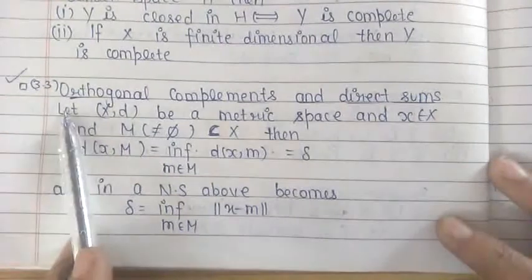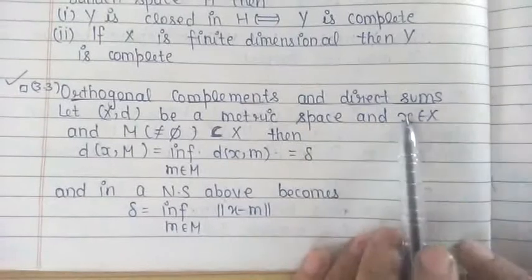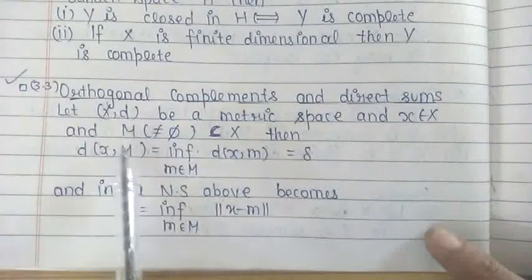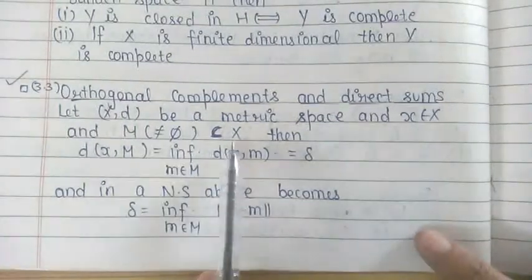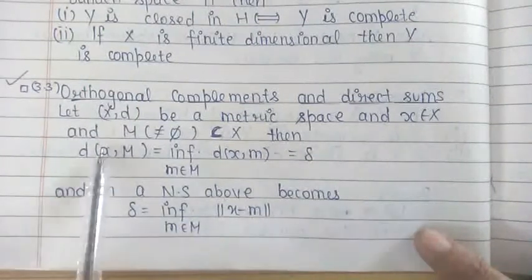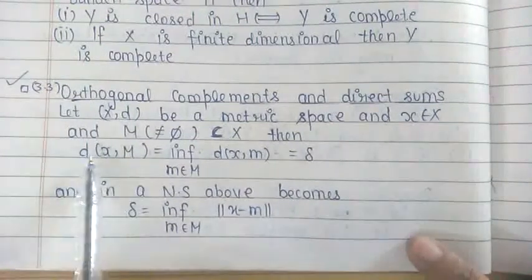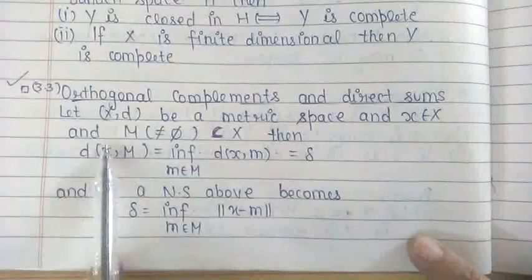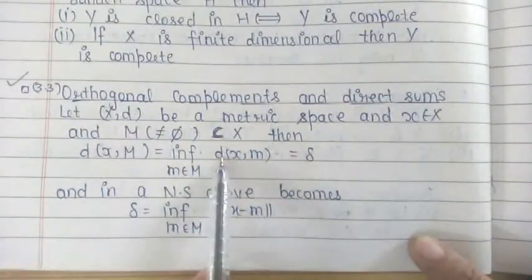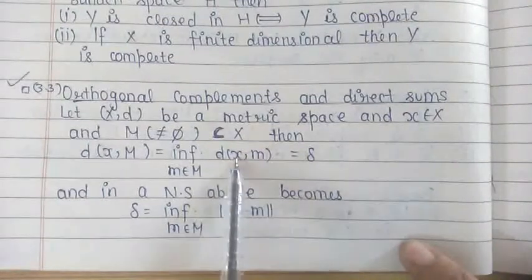Let us consider (X, d) to be a metric space and x an element of this metric space X. Let us take M to be a non-empty subset of X. Then we define the distance of this element x from the set M. This is denoted by d(x, M), and this is defined as the infimum of the distances of all the elements of the set M from this element x.